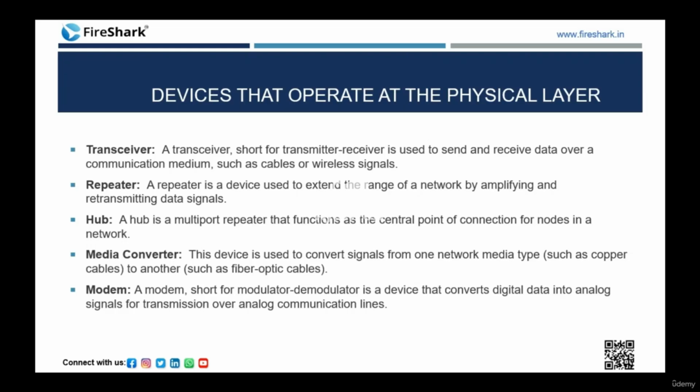Now the next one is the media converter. Basically, a media converter is used to convert signals from one network media type to another. Suppose you have an Ethernet cable and you want to convert it into a Wi-Fi connection. Or suppose one network media type is a copper cable and another is a fiber optic cable, and copper cable performance is not that good, so to improve the performance of the network, you need to add fiber optic cables.